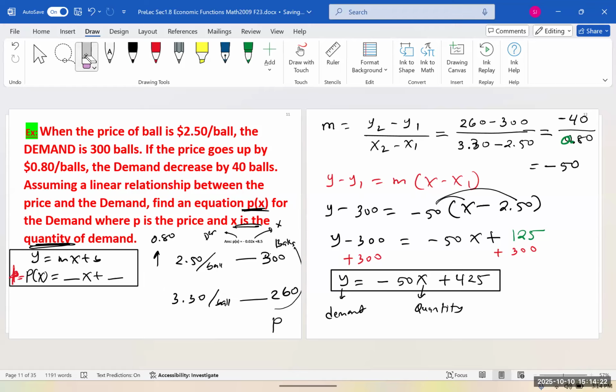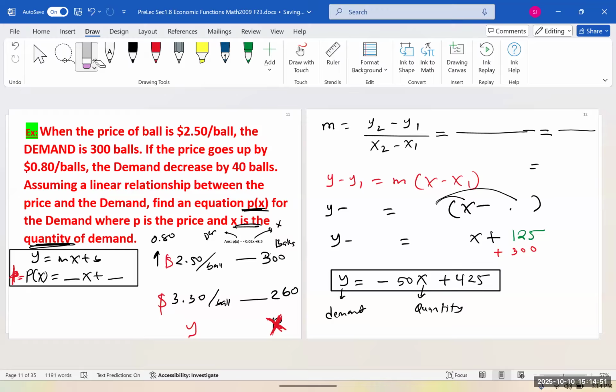This is the price. I forgot to put my price sign. That's why. This is the price Y and this is the demand X. This is the quantity X. So it's correct. You just have to switch them, flip them. Okay. Sorry about this. Everything is correct.